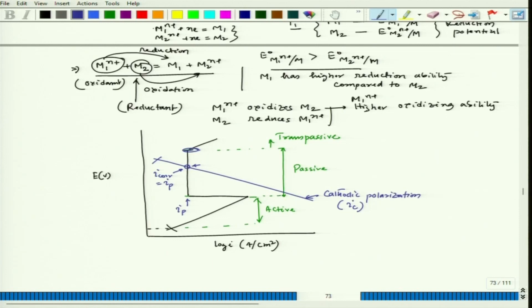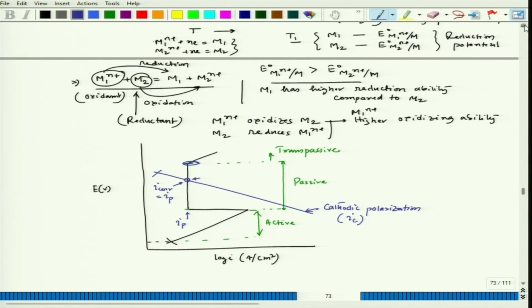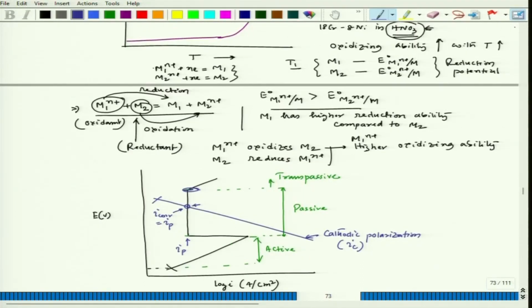Now, if we increase temperature, what happens? The oxidizing power increases. As we have seen, a higher reduction potential means higher oxidizing power. So, oxidizing power increases means its reduction potential also increases. So, the reduction potential goes up.